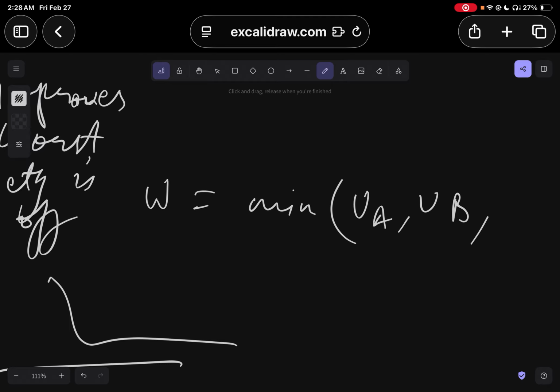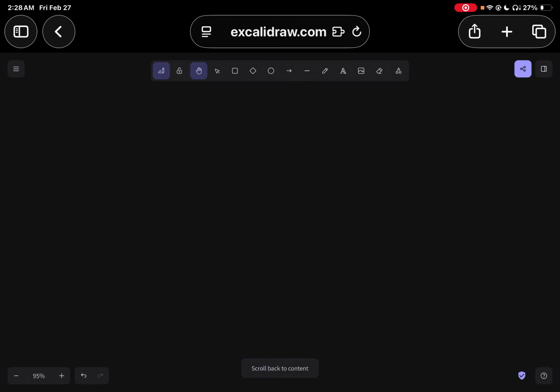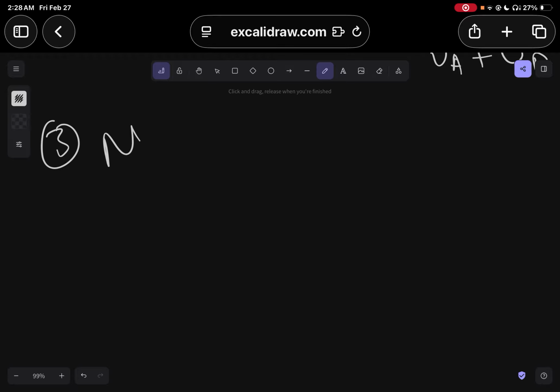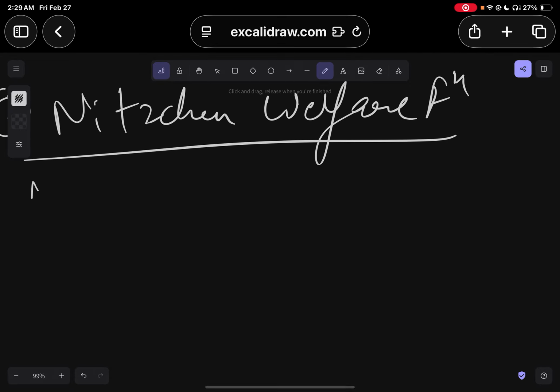Then we have the Nietzschean welfare function. It says society becomes better off when the best of individuals' conditions is improved.